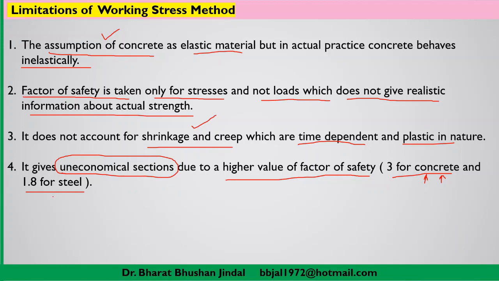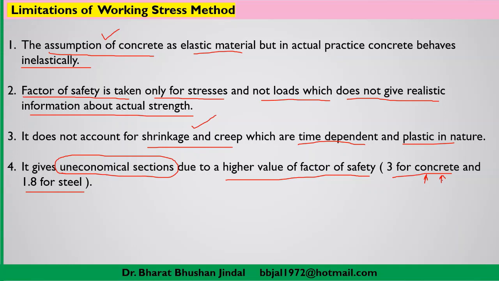Steel, however, can be manufactured in a factory, where we can control all the conditions. That means quality control parameters are more stringent in the case of factory made products.